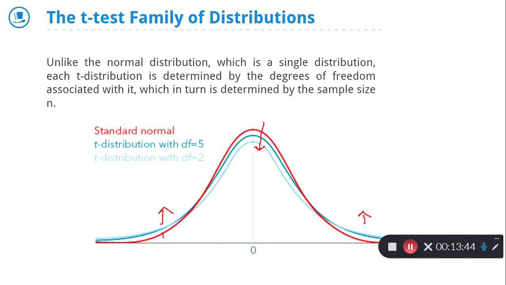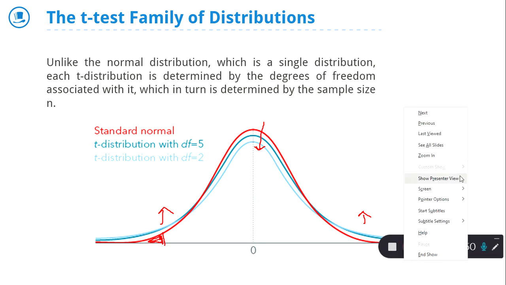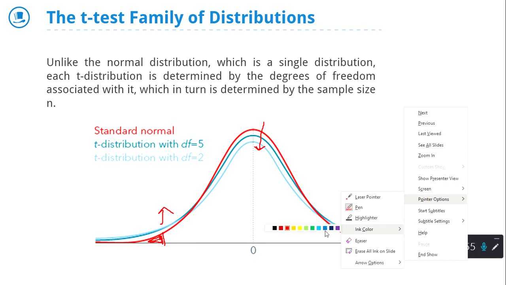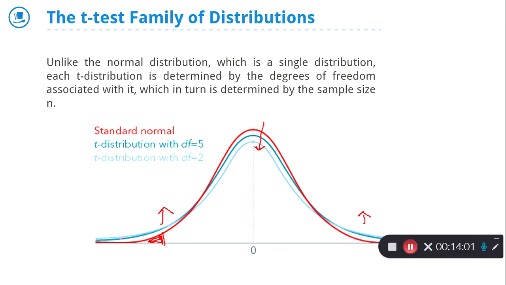If this is 5% of the red line, to get 5% of the df equals 2, we've got to move the critical value further out, maybe somewhere like here, because it's wider. There's more turf out here in a t distribution than in a normal curve.